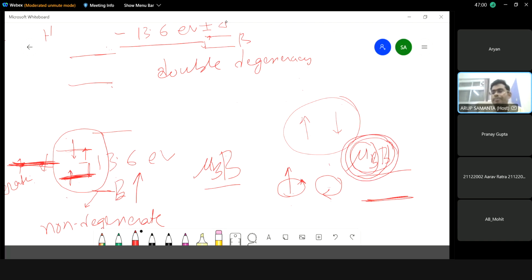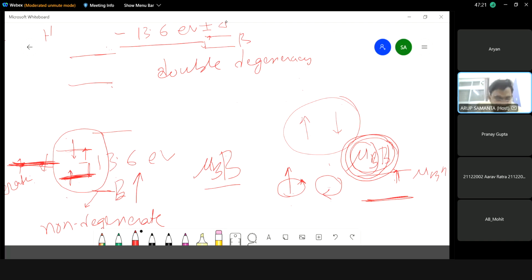This is mu B B, the Bohr magneton. It is like you are providing some energy, and it depends on your spin moment, on your magnetic moment. This spin is nothing but a magnetic moment.